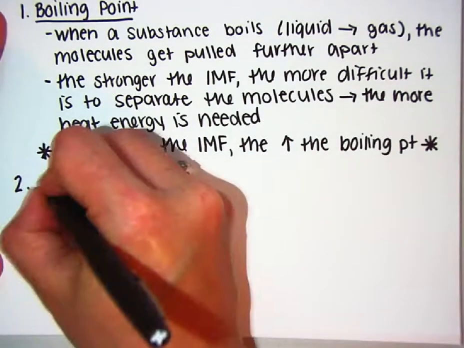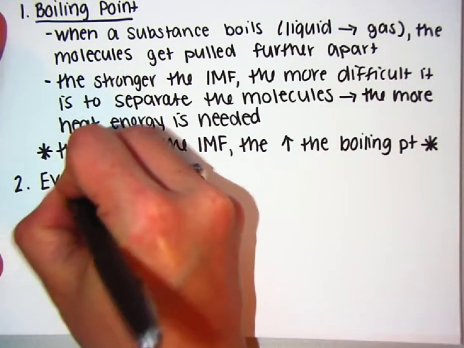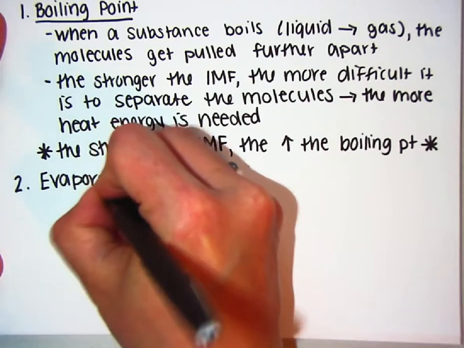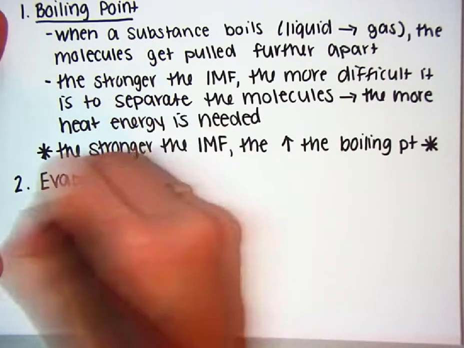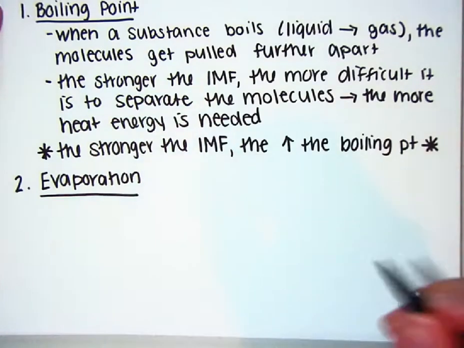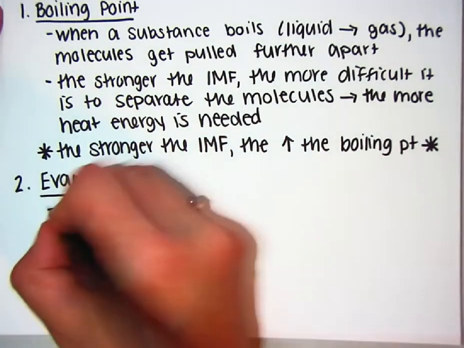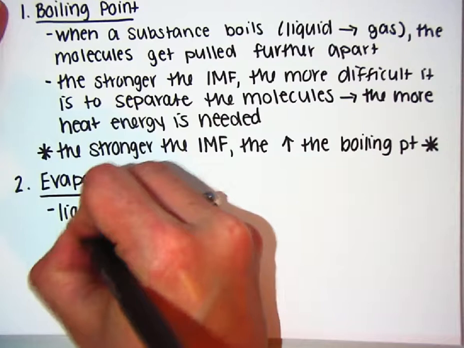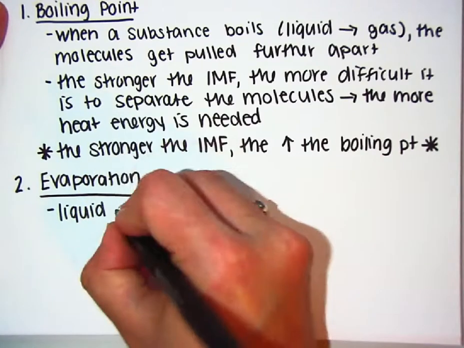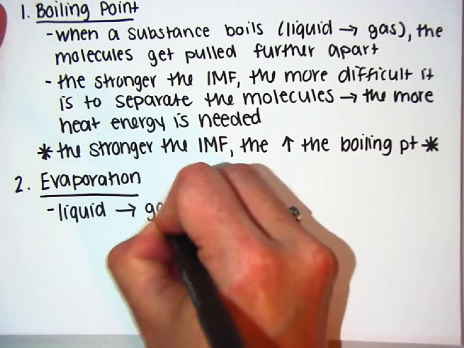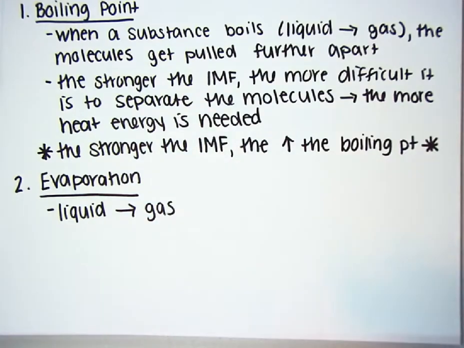Similar to boiling point, let's talk about evaporation. When something evaporates, it changes from a liquid to a gas. Think about if you were to spill a little water on the table. Over time, you are not going to see that puddle of water anymore.